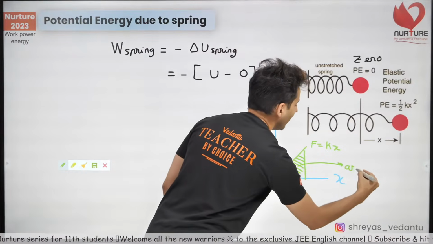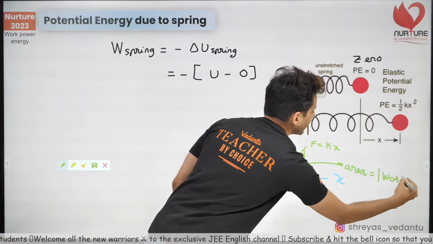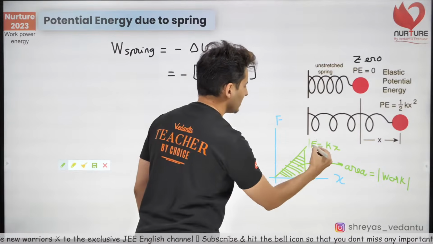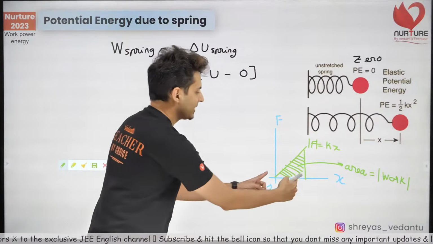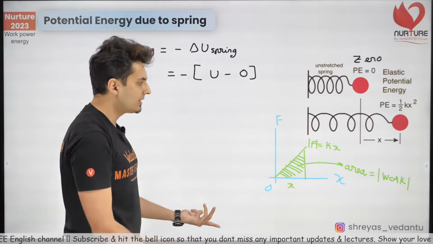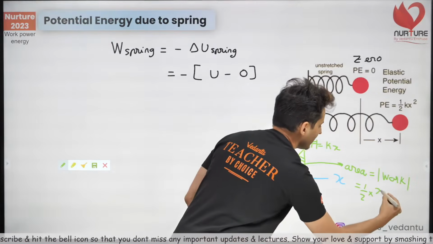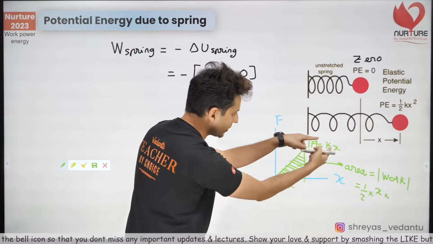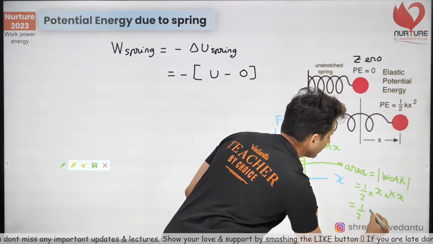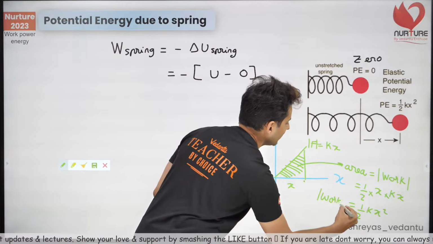That area gives me the magnitude of that work in this case, because the force is also the magnitude. What is the base? X. What is the height? Kx. So what is the area? Area is half base into height. Height is force, which is Kx. So it will be half Kx square. That is the magnitude of the work.